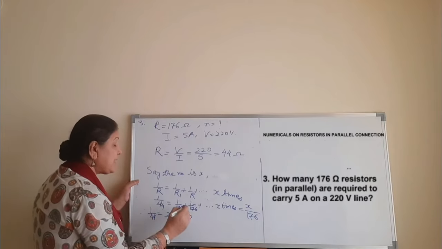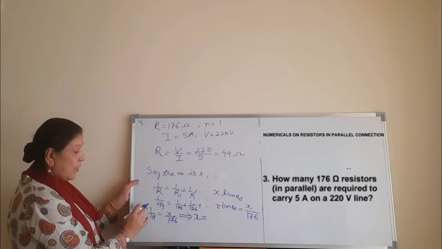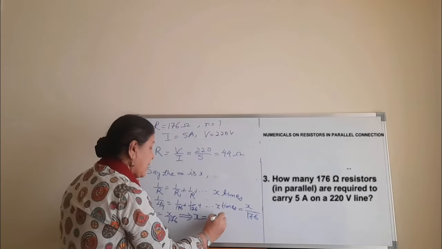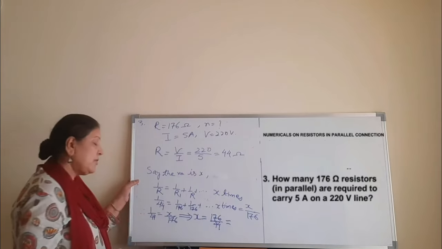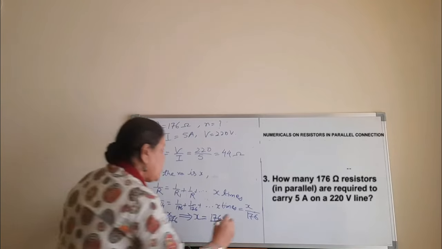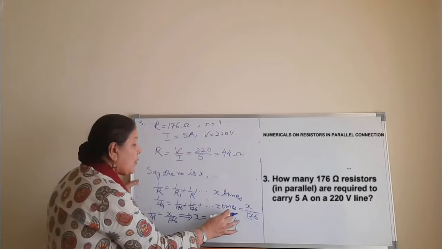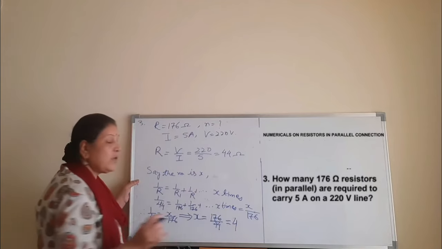That implies X is equal to 176 by 44. 4 4s are 16, 6 1 carry 4, 16, 17. So this is 4 times. So 4 numbers. Got it? 176 by 44 is 4.